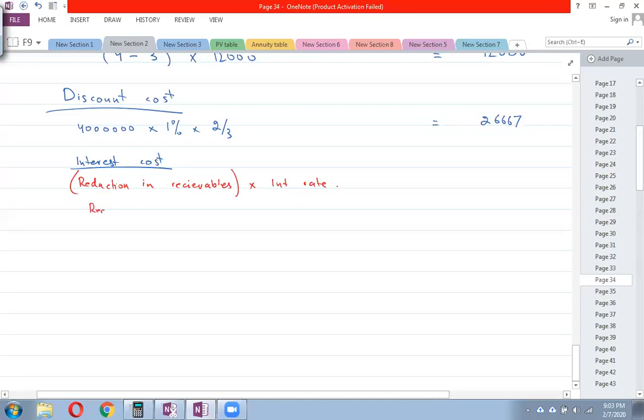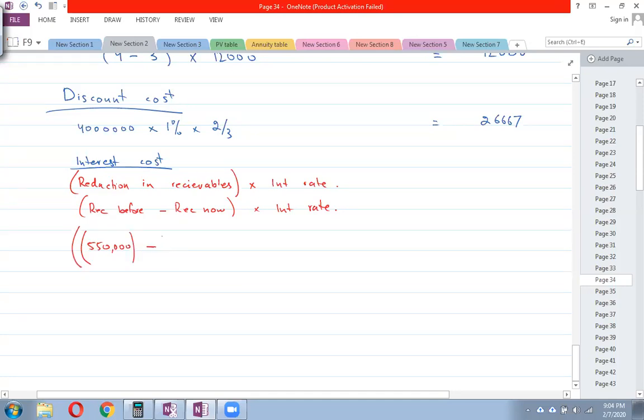So how do you calculate reduction in the receivables? Receivable before minus receivable now is the reduction in the receivable multiplied by the interest rate, right? Now from the balance sheet, we know that the receivables before are 550,000, given to us, minus the receivables now, we're going to calculate it.